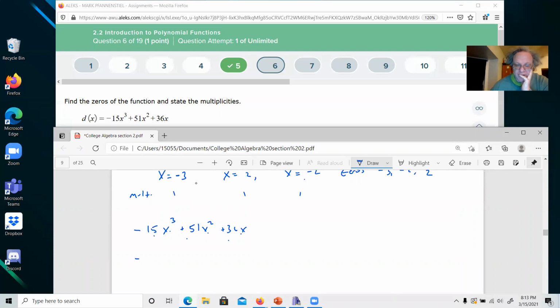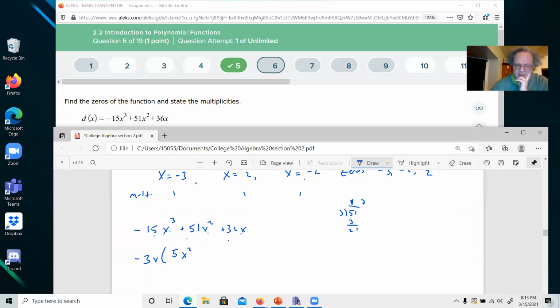So we're going to have -3x out front. I never like it when the first term is negative. I always like when the first term is positive, so if I can arrange it to where it's easier for me, I'm going to do that. 15 divided by 3 is 5x squared. 3 goes into 51 not quite 20 times, but 17 times.